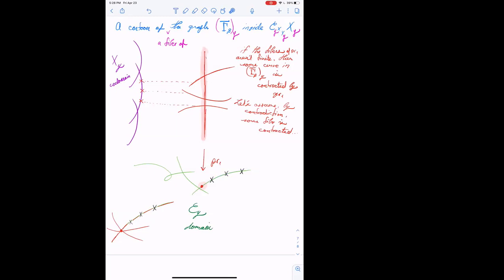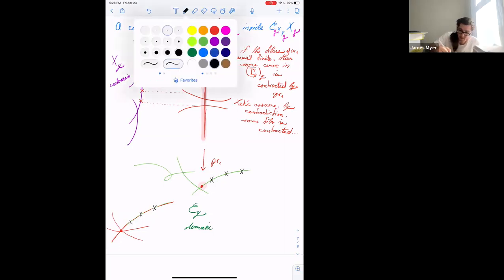Okay, that's okay. I don't understand what happens then if the contraction happens inside a marked point. Why is that different? Yeah, so I'll show what the problem is.